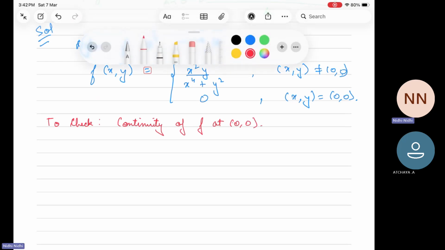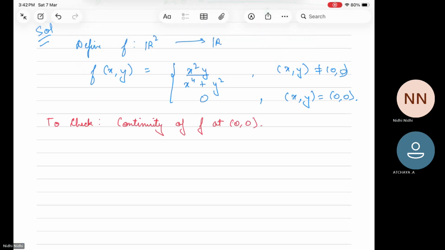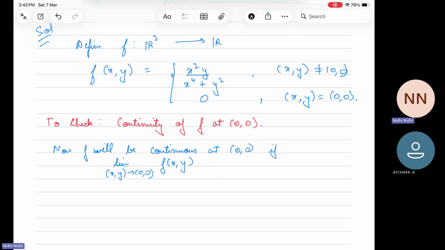When do we say a function is continuous at some point? f will be continuous at the origin if the limit as (x, y) tends to (0, 0) of f(x, y) is equal to f(0, 0).